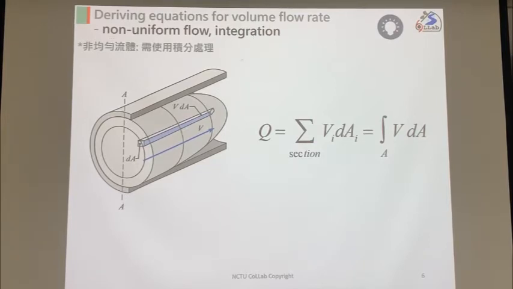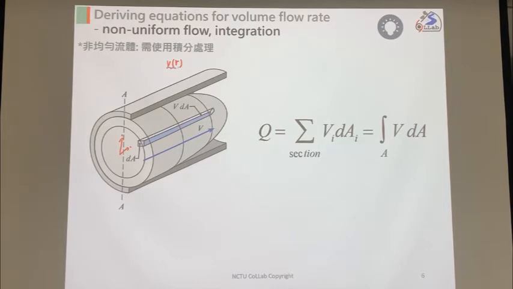The non-uniform flow means the velocity is a spatial function. As I mentioned here, this is the pipe flow, so I assume the velocity is a function of the radius length. So we have different radius lengths. At the location here or here, the velocity is not the same.